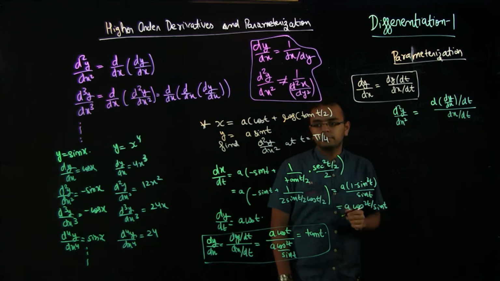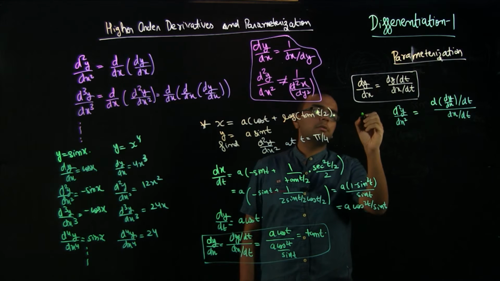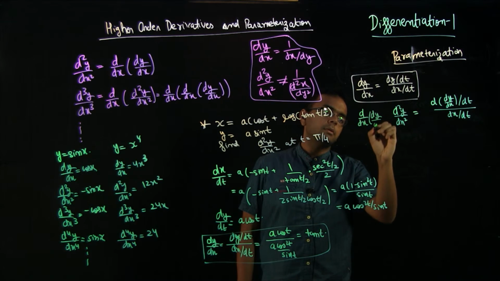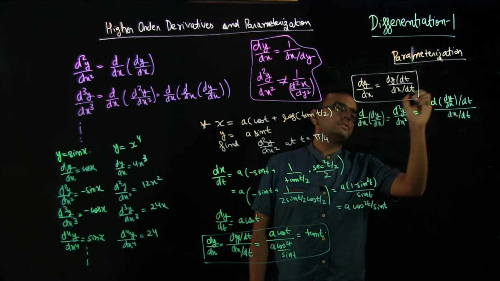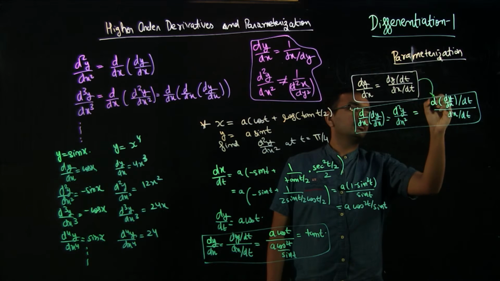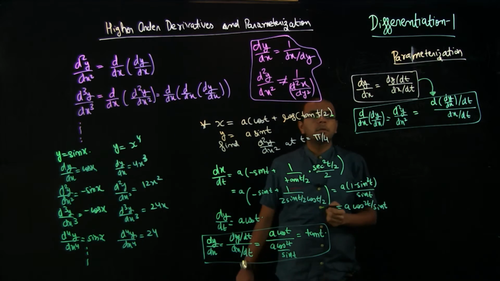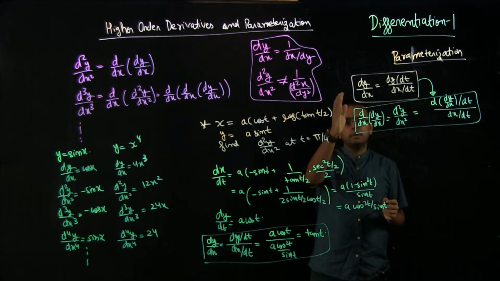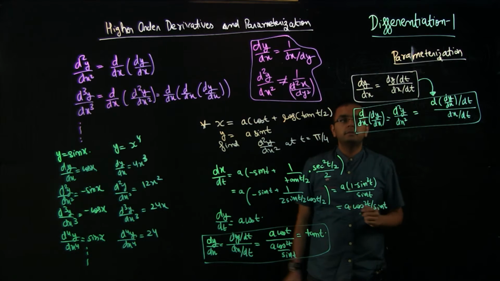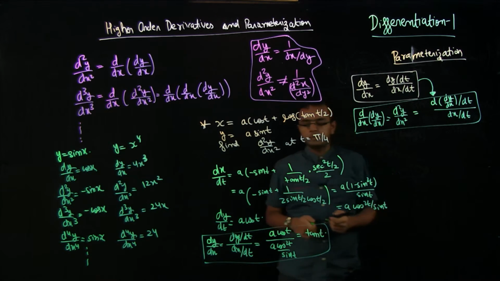If you want to understand, you can think of these two relations together. If you replace y in the top relation with dy by dx, you will get this relation. I hope this is clear.